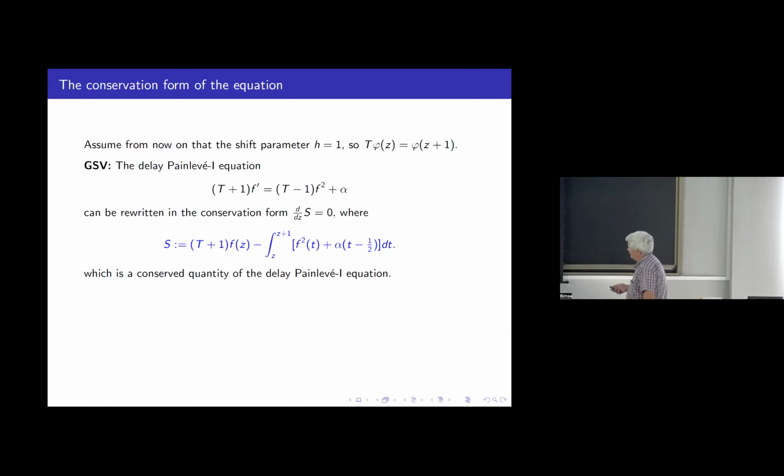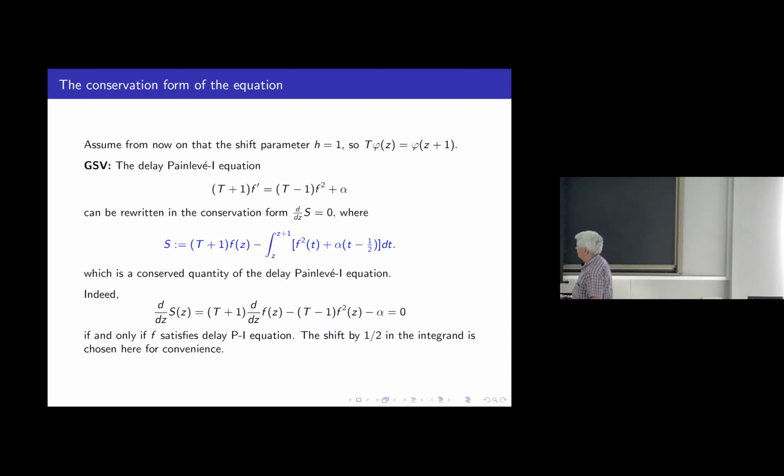So the first thing is that it can be written in conservation form, and this is the thing. I will use the integral, and indeed, if you differentiate this formally, then you will have exactly the delay Painleve equation. There is a clever thing actually done.